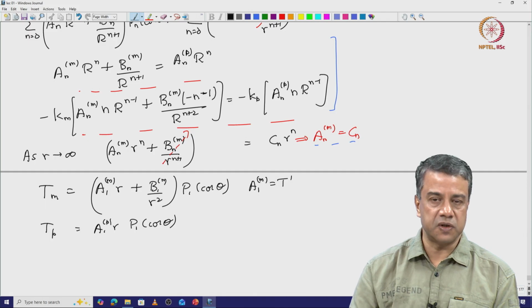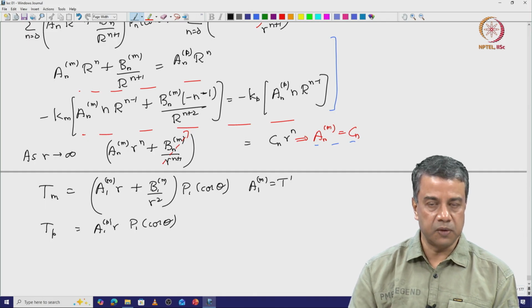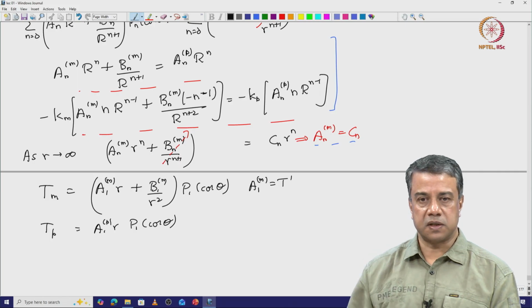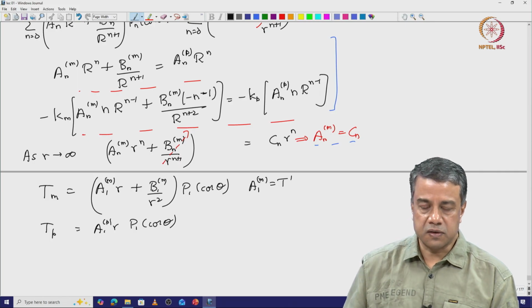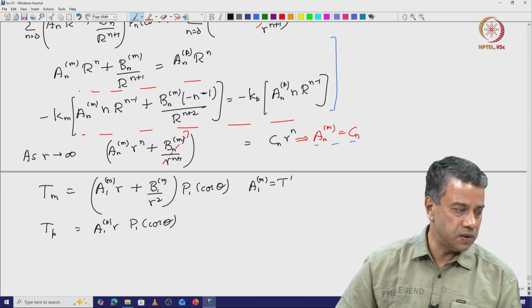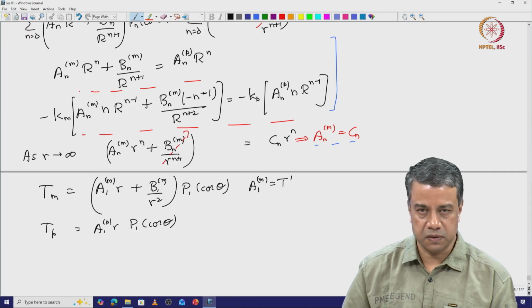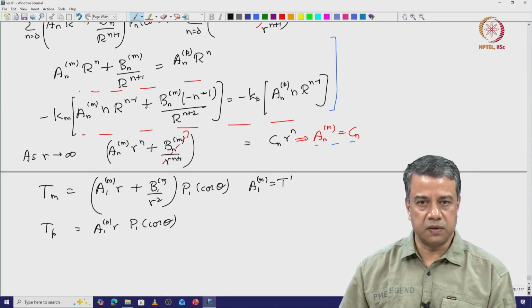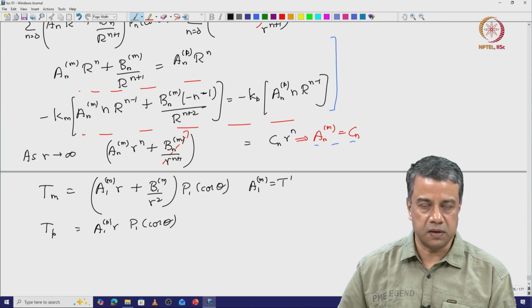Therefore, the response also has to be proportional to P 1 of cos theta, because all the Legendre polynomials are orthogonal to each other. If there is no forcing in P 2, P 3, etc., the only solution you will get is that A 2, A 3, etc., are all identically 0.